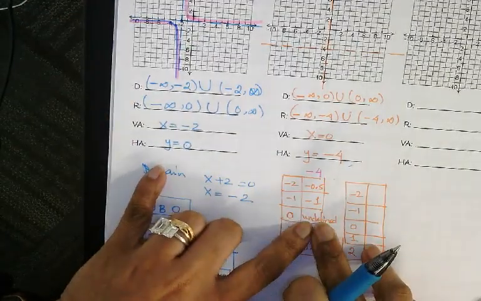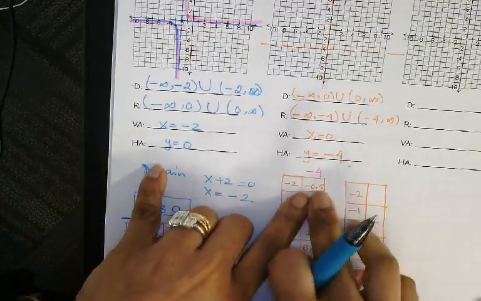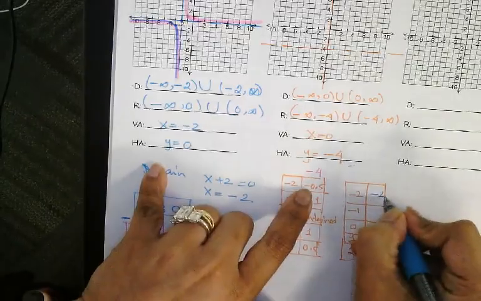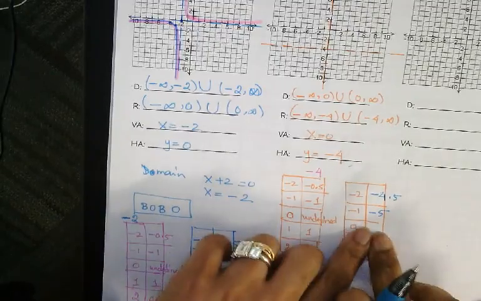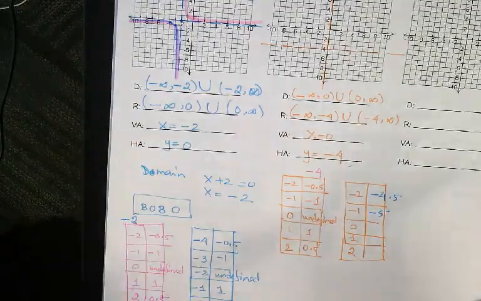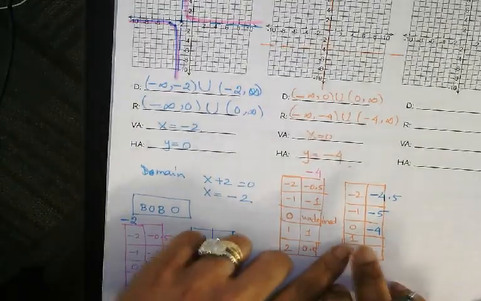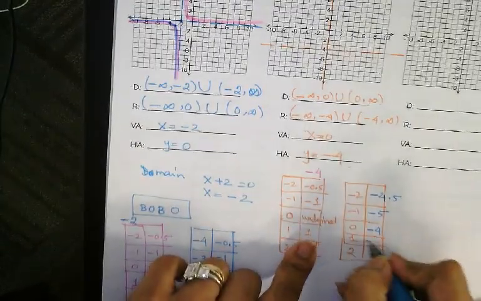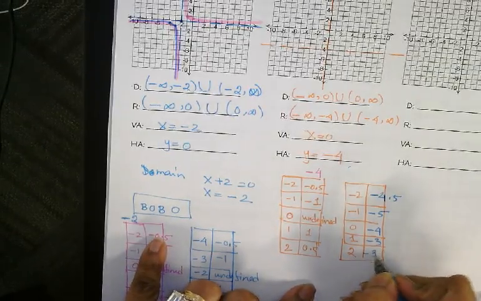You're subtracting 4 from these. So this over here is going to be negative 4.5. This one is going to be negative 5. For here, since it's an undefined value, it's going to be negative 4 at this place. On this one, it's going to be negative 3. On this one, it's going to be negative 3.5.